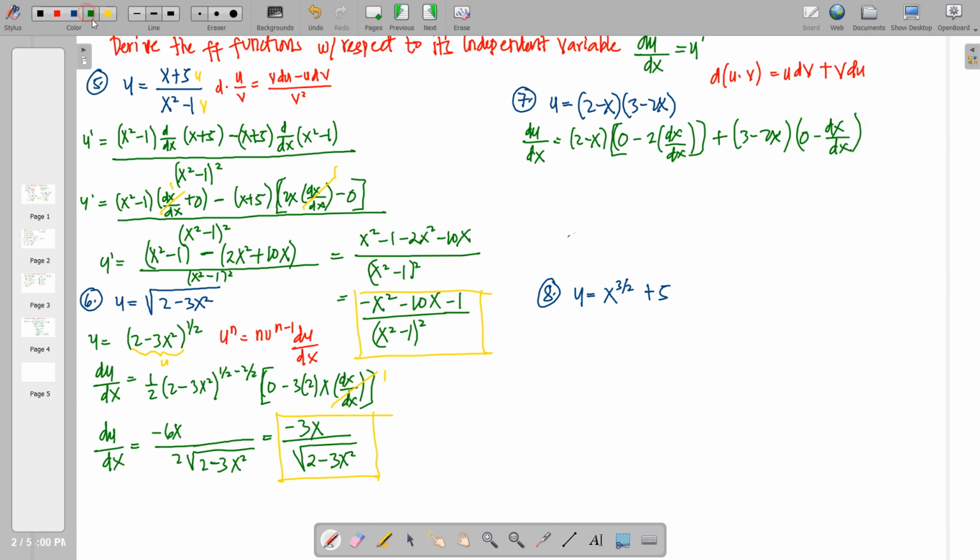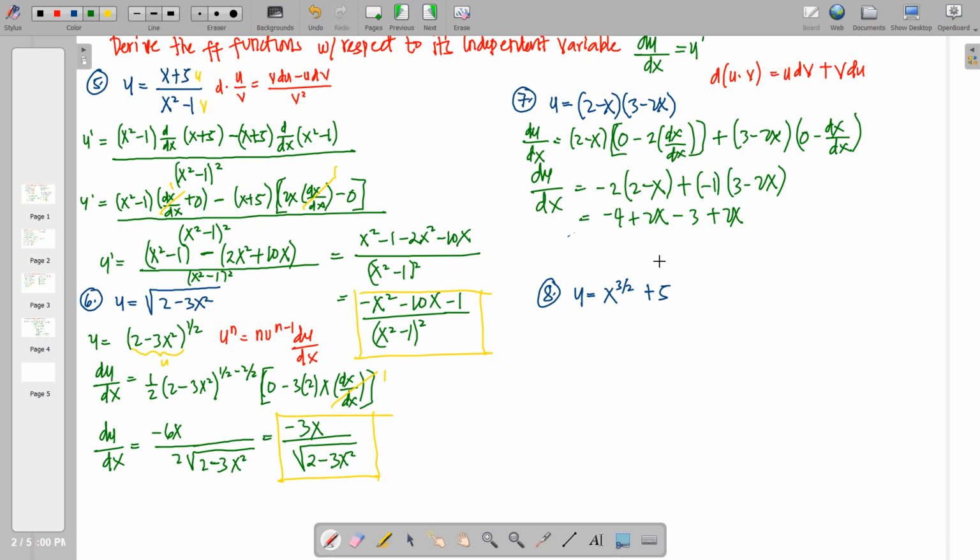Finally, dy over dx is, we have negative 2 times 2 minus x plus negative 1, this one, times 3 minus 2x. So we distribute, this becomes negative 4 plus 2x minus 3 plus 2x.